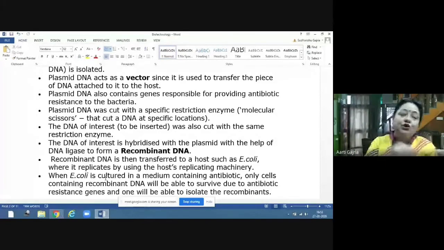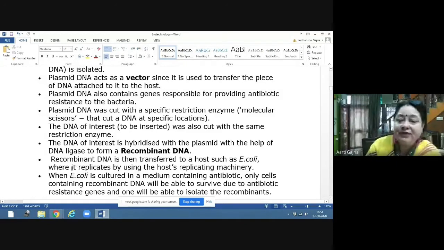So how can you separate which one has got recombinant DNA and which one has not? To find that out, we will put the microorganism against the antibiotic for which the resistance is present. If the resistance is shown, that means the bacteria has got recombinant DNA in it.